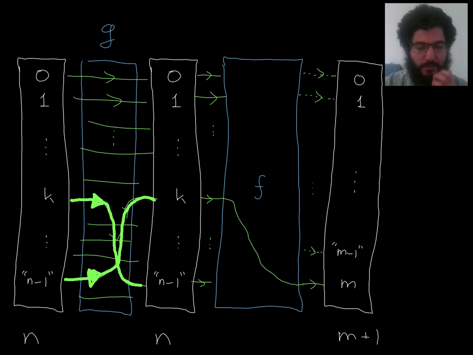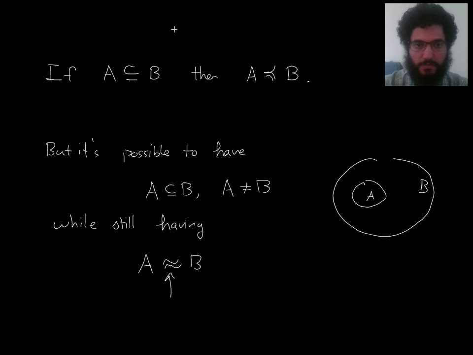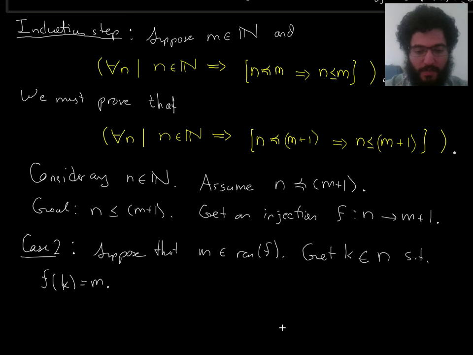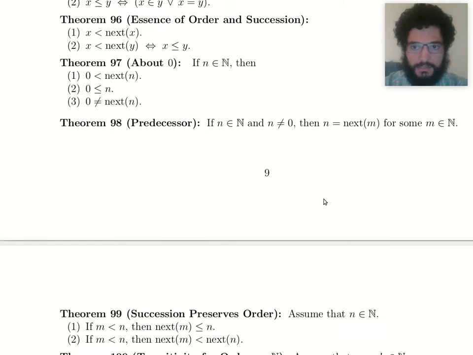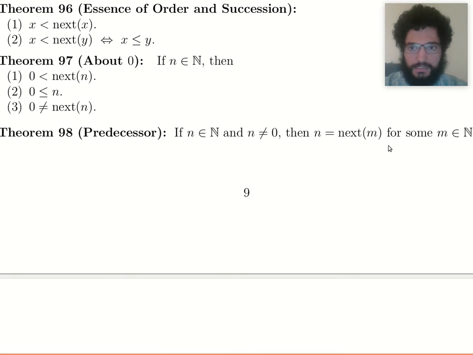And we do have a theorem about getting predecessors. So to be able to talk about n minus 1, I'm going to refer back to that theorem. The theorem says if I have a natural number that's not 0, then it's the next of something, so it has a predecessor.